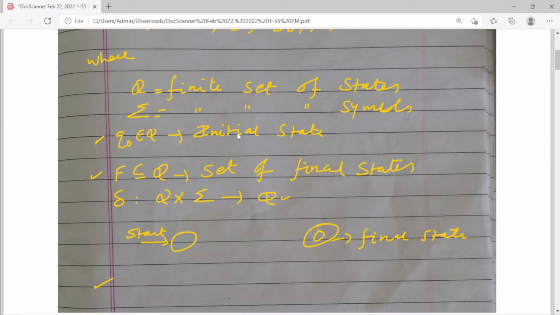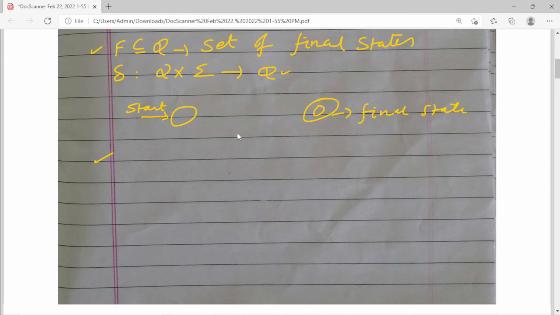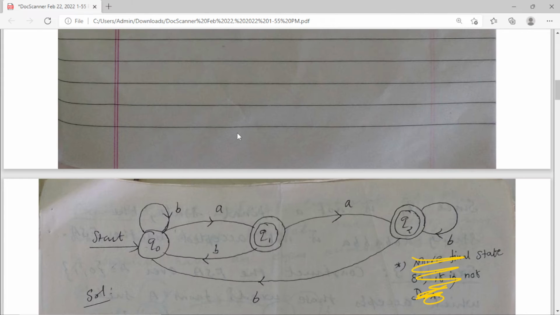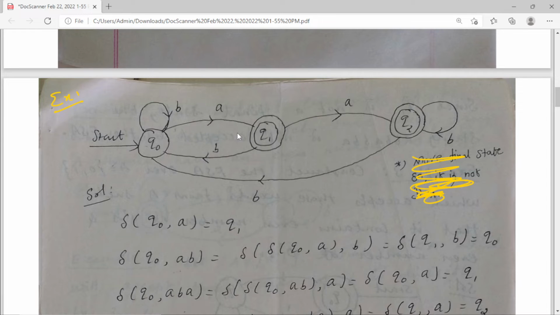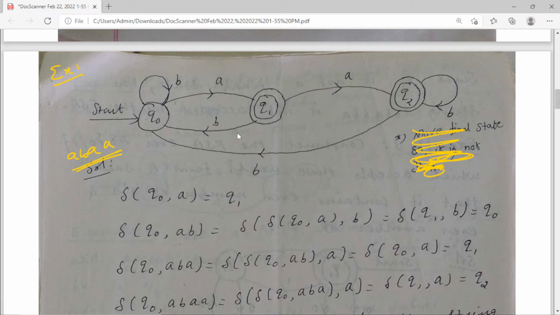With this short introduction, let me now move on to an example. In this example, let me first check whether the string ABAA is accepted by this finite automaton or not.